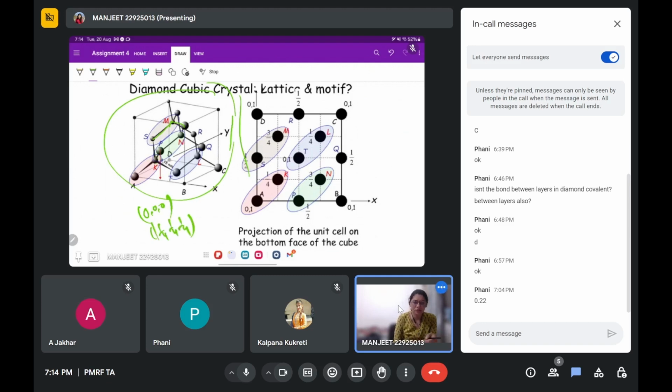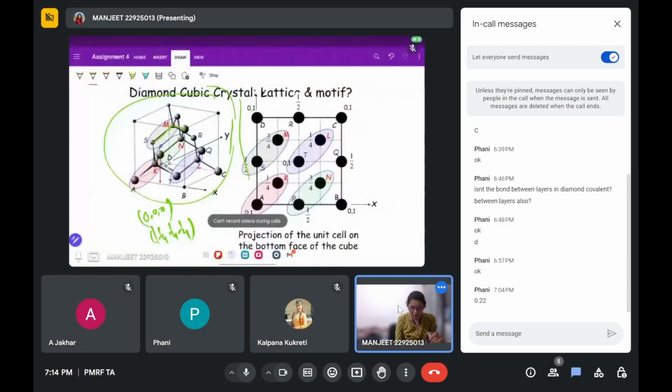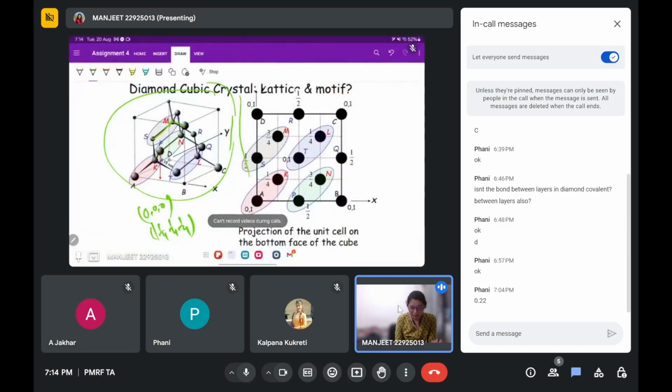As the professor also discussed in the classroom, this will be visualized when you project. This will be clear when we put all the atoms into the projection, when we take the projection of this lattice onto the bottom part. If you take this, you can find that this atom has the same position.